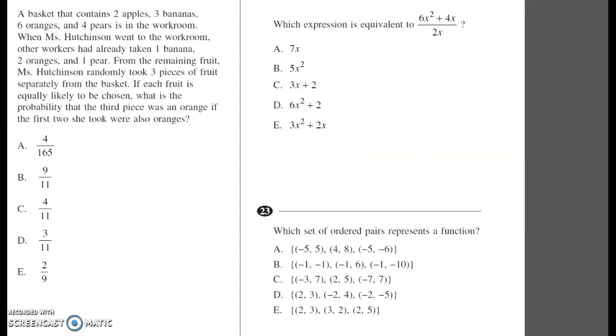Now the question is, from the remaining fruit, Miss Hutchinson randomly took 2 pieces of fruit from the basket. If each fruit is equally likely to be chosen, what is the probability that the third piece was an orange if the first 2 that she took were also oranges?